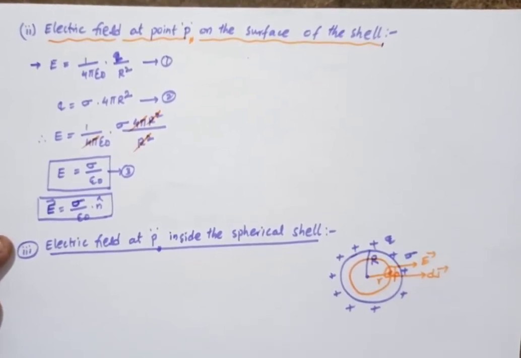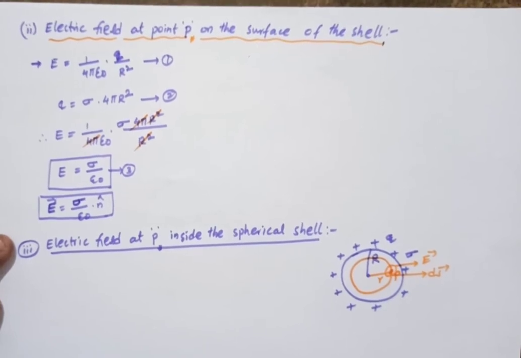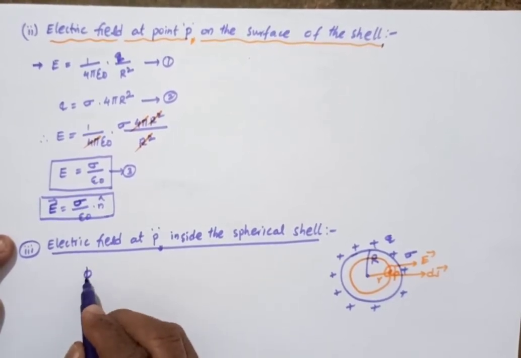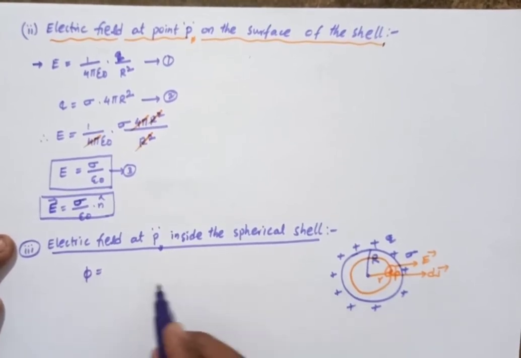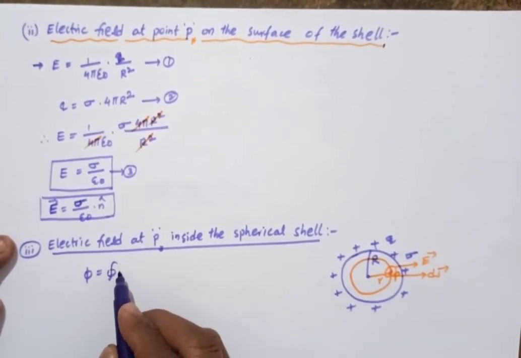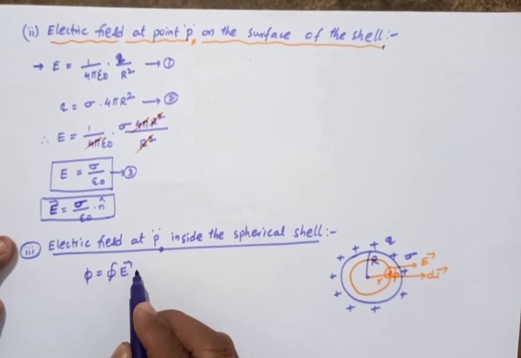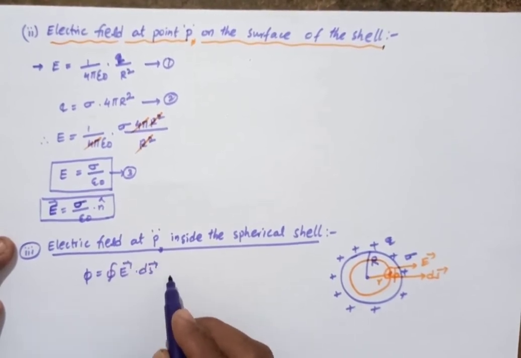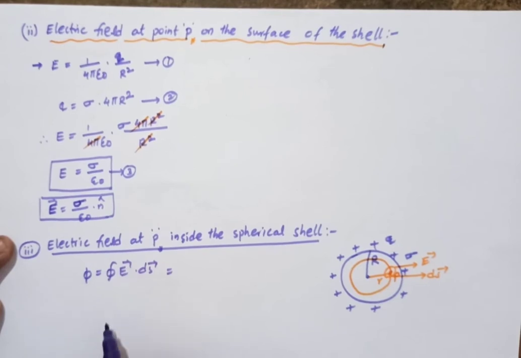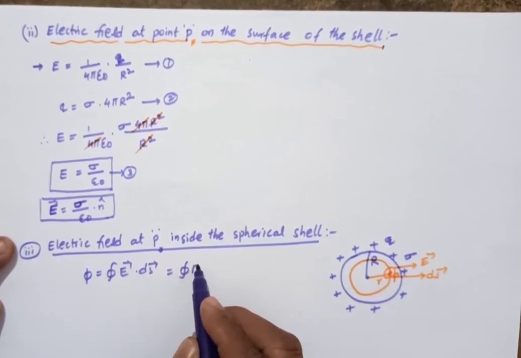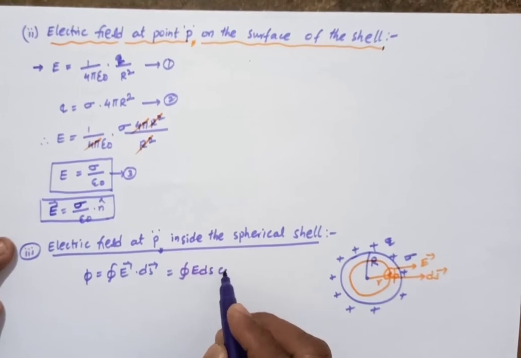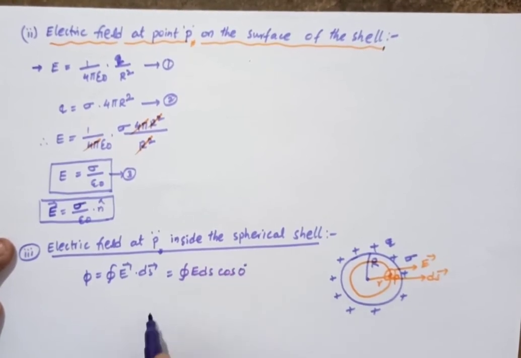Then the electric flux Φ equals, so what is electric flux? Φ equals the closed integral of E bar dot ds bar, that equals the closed integral of E ds cos 0 degrees.